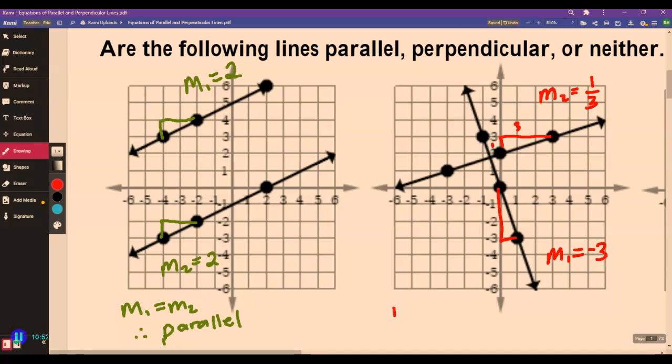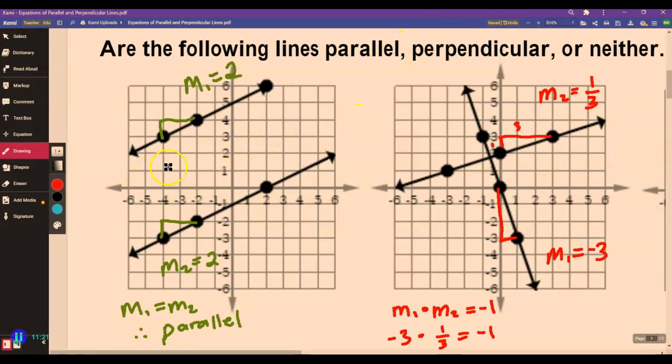So down below, I'm suspecting this is perpendicular. Obviously, they're not parallel, so I'm not going to bother seeing, well, are these two numbers equal? Clearly, they're not. But I want to check to see if they're perpendicular, so I'm going to take my two slopes in either order and see if they equal negative 1 when I multiply them. So you're checking to see, well, does negative 3 times positive 1/3 equal 1 or negative 1?